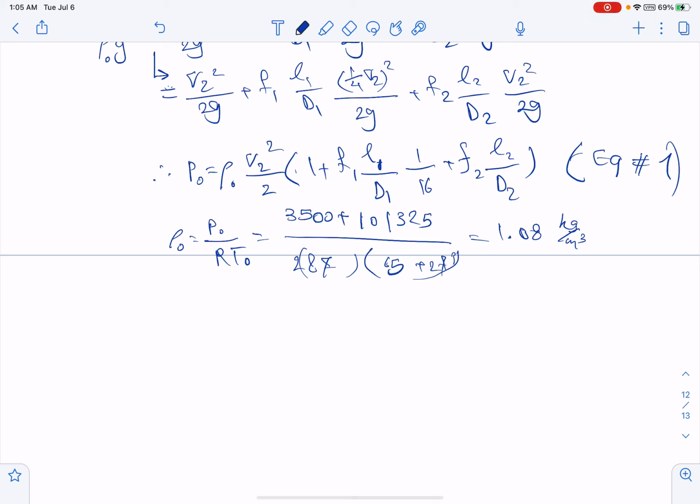Writing down all the values, we know the pressure is 315 kilopascals, and this is the density of the air.